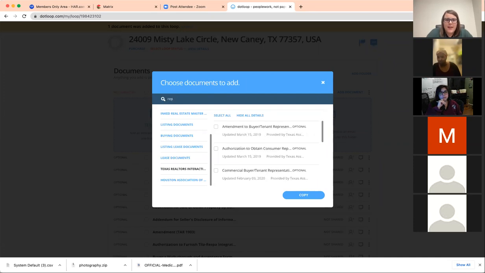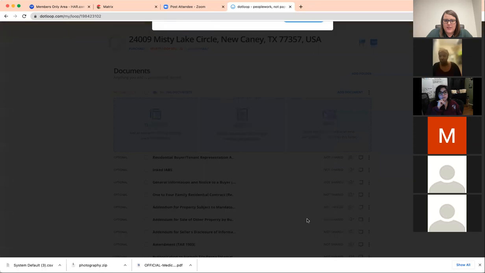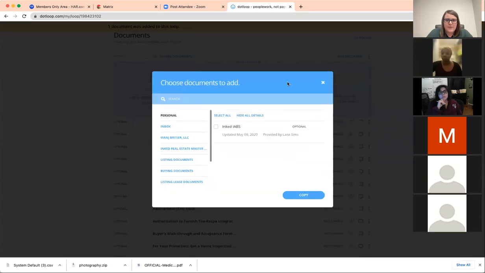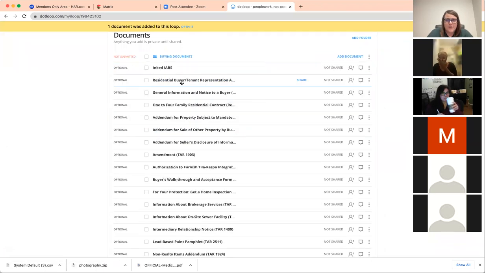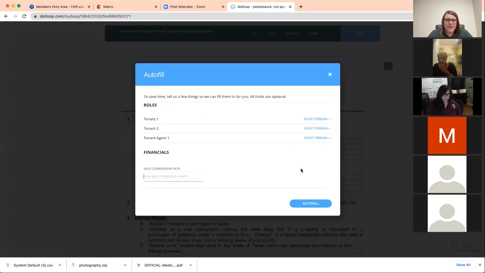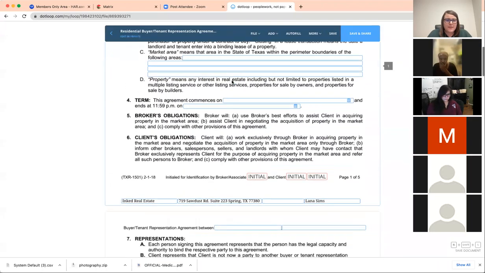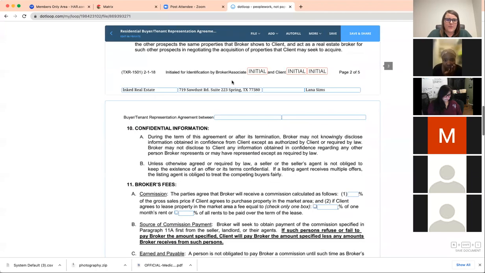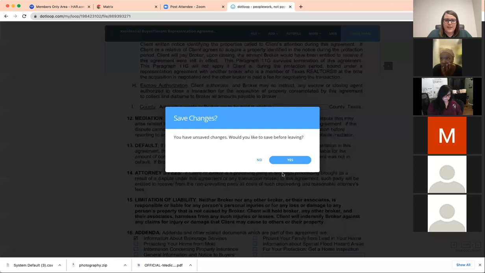However, I highly recommend you use it in your business due to the fact that if they try to move you out of the deal, it protects you. So this is what the residential buyer agreement looks like. And again, we're going to go through this more tomorrow. But I want you to be aware of what it looks like.